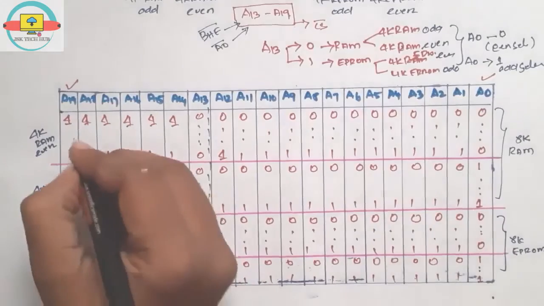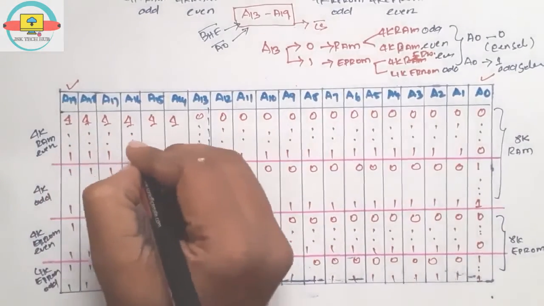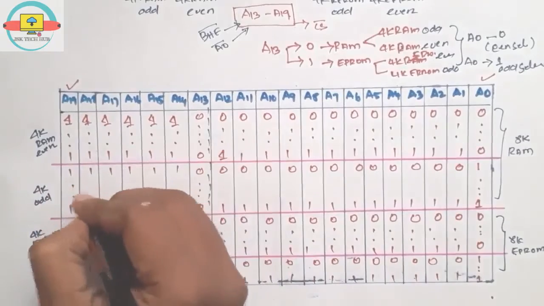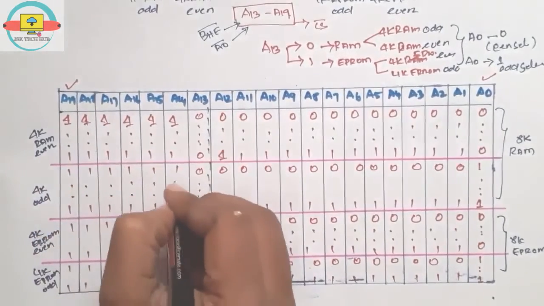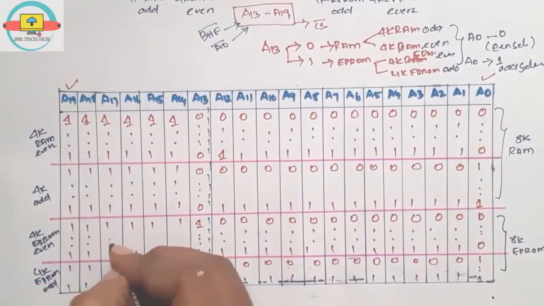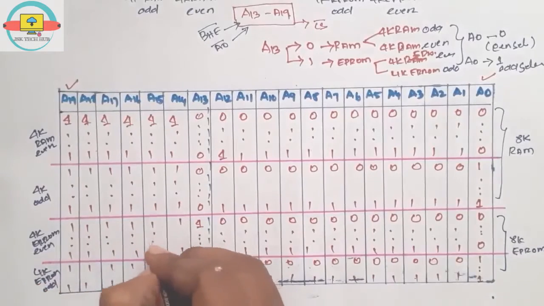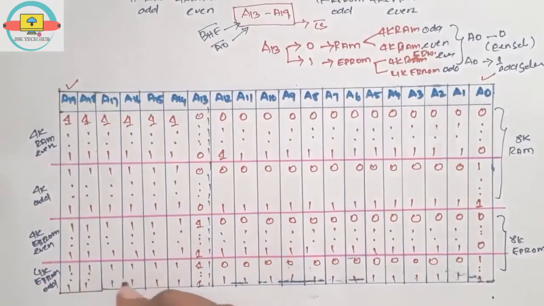Next, we are going to calculate the address range for the 8 kilobyte RAM memory and ROM memory, and also find the address range for the even bank and odd bank RAM and ROM type memory.